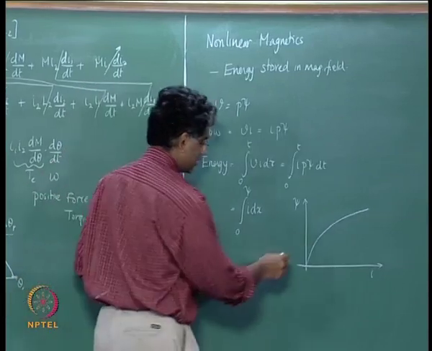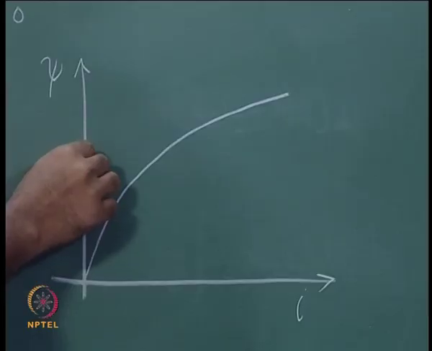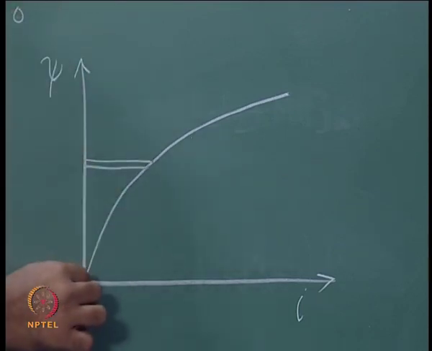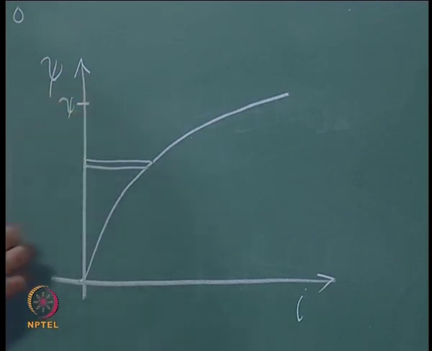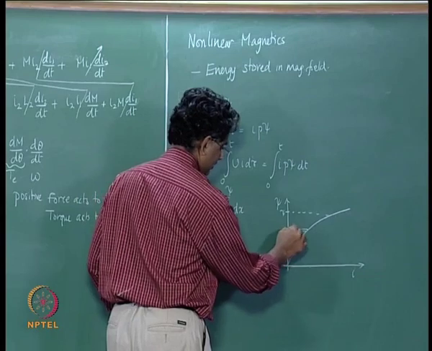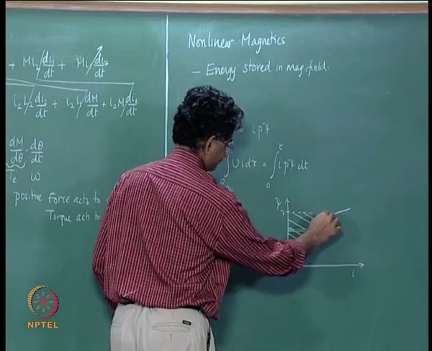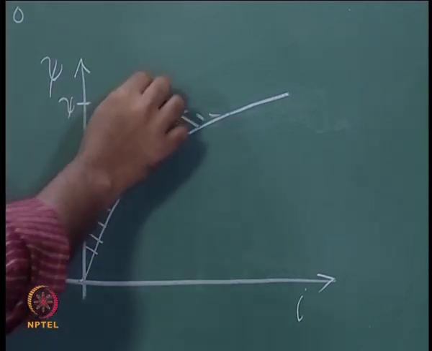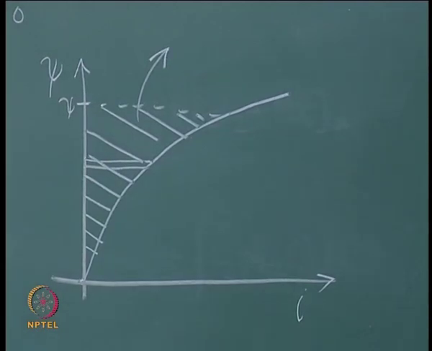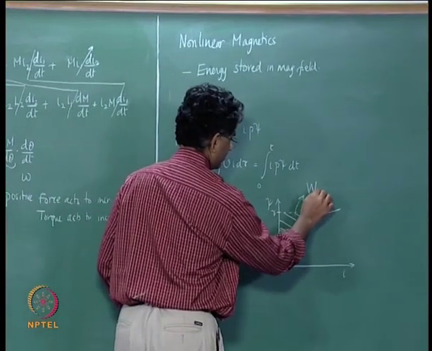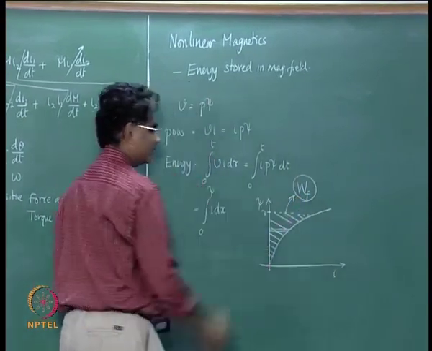This means that we are taking a small differential d psi or dx along this path and integrating from 0 to some value psi that is there. This integration, you can appreciate, will then give us this area associated with the curve, right. So one can therefore infer that energy is given by this integral, and therefore this integral is nothing but your field energy. This area represents field energy.